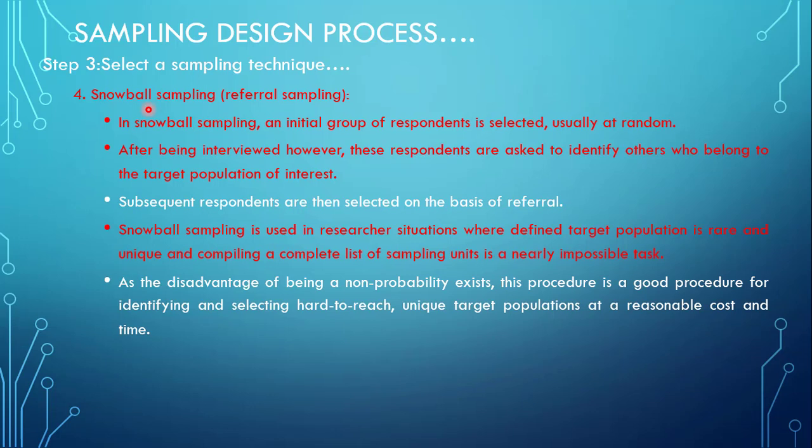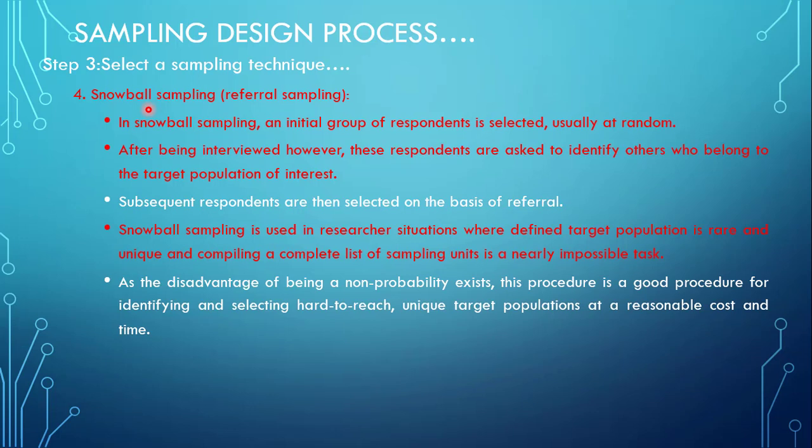So you have two steps. Number one is you select one individual, one initial group. After interviewing that group, you ask that group to refer you to another group or another individual so that you can interview the second group.